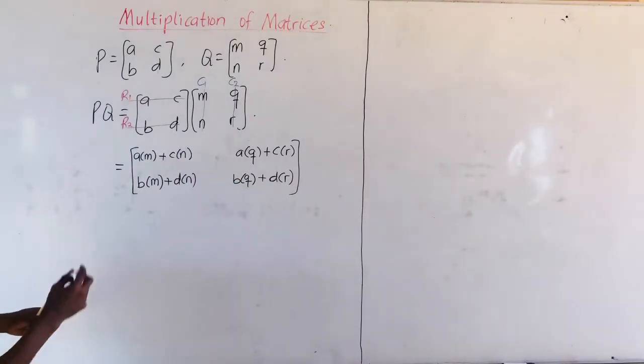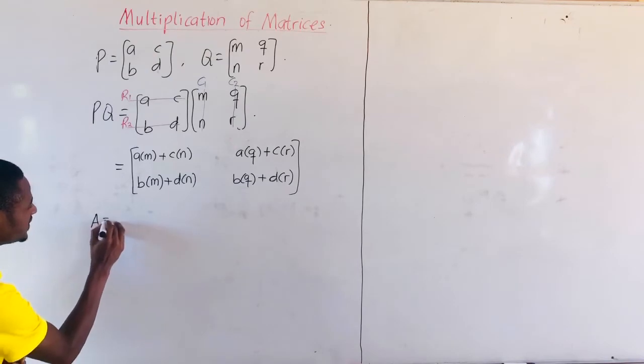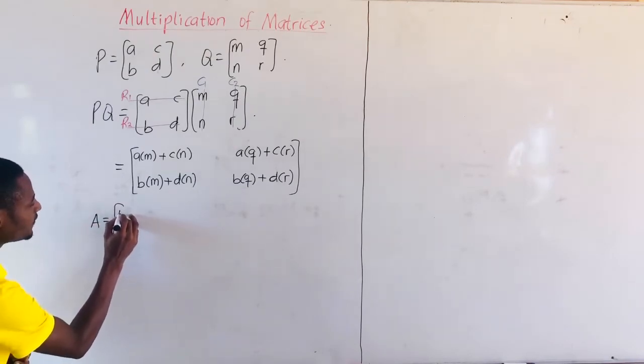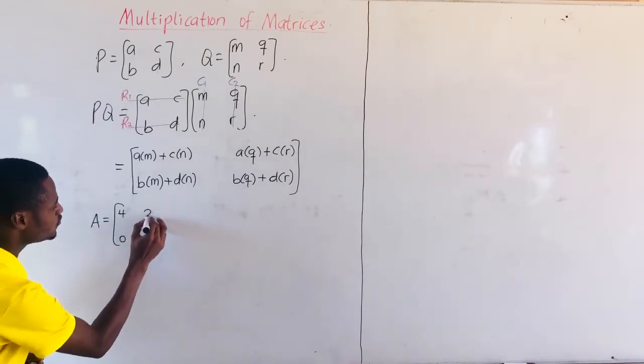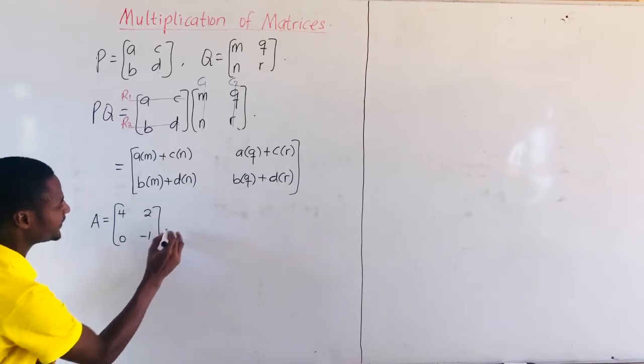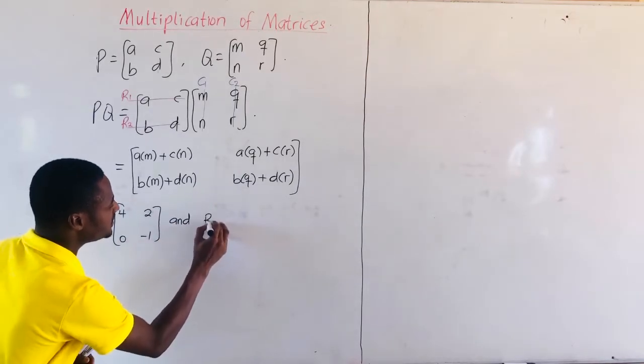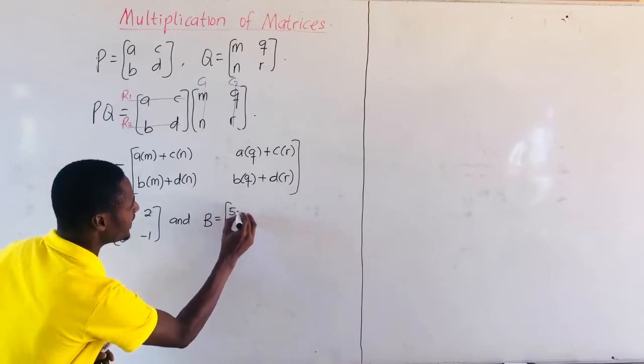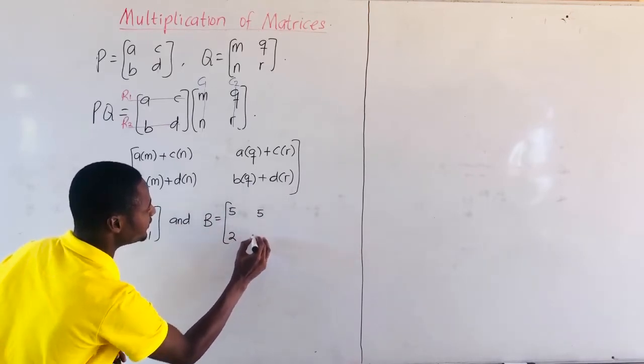Let's take an example: matrix A equal to 4, 0, 2, negative 1, and matrix B equal to 5, 2, 5, 1.